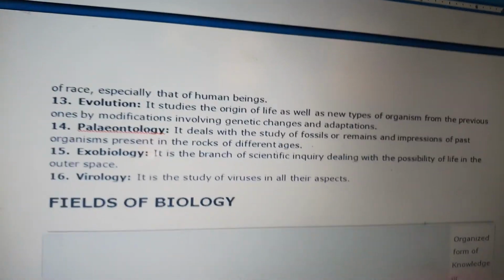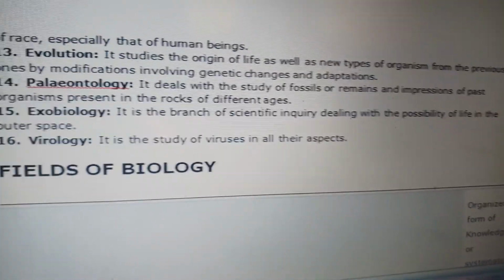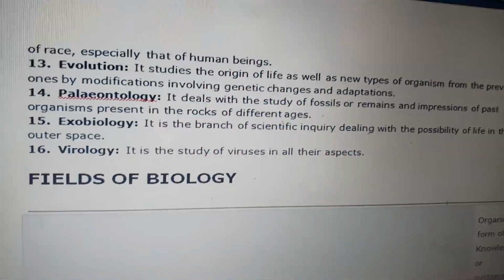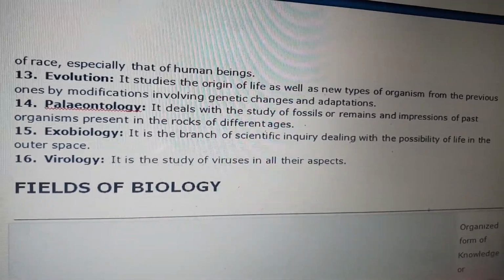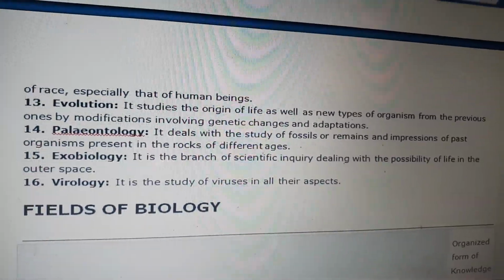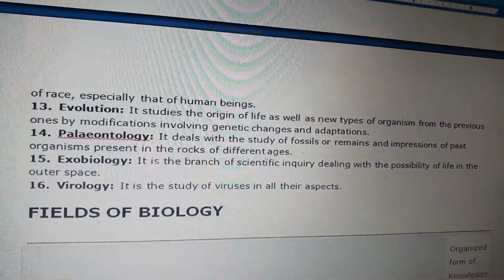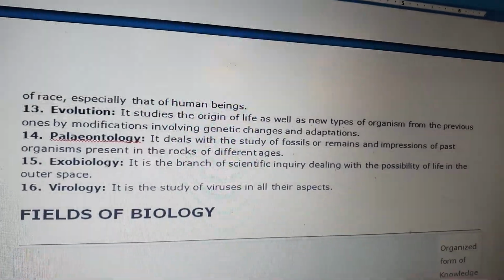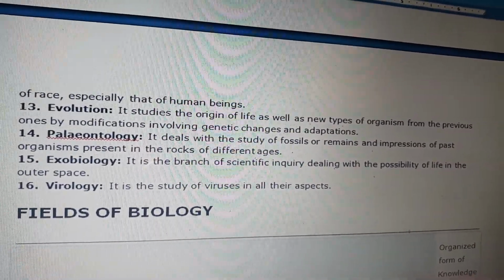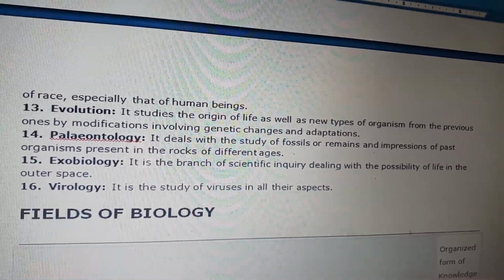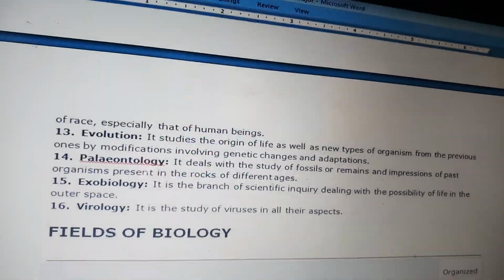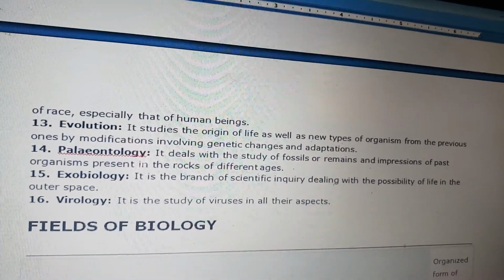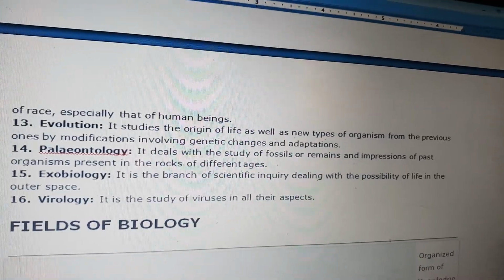You must be wondering sometimes how our evolution has taken place. You know that our ancestors were monkeys, the Ramapithecus, the orangutan. We have descended from monkey-like creatures, right? So all this we study in evolution, how we have evolved, how we have developed.